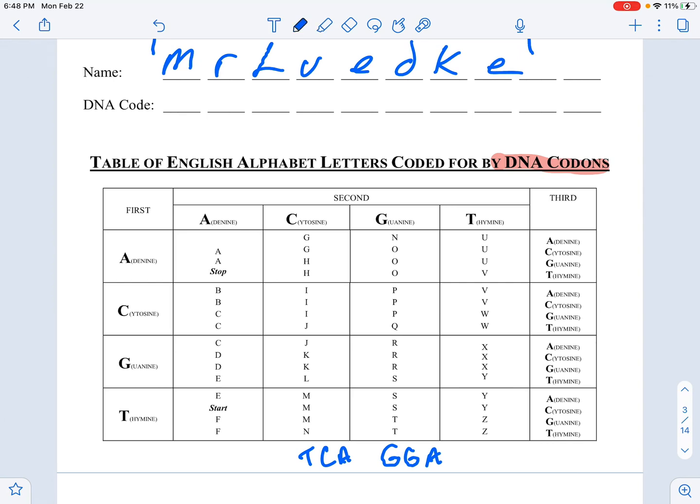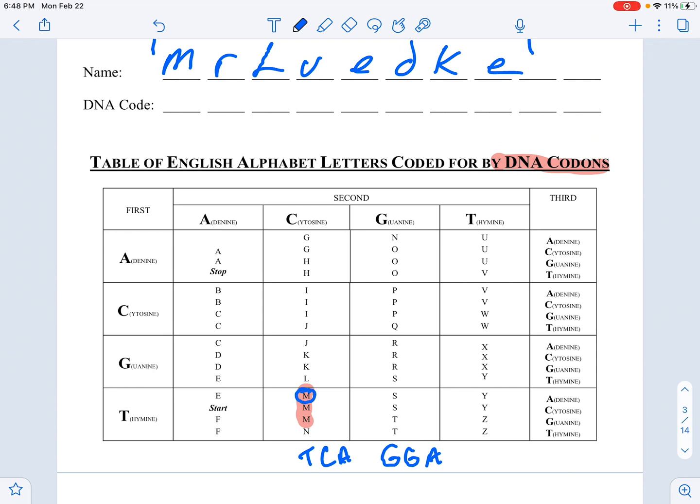So what I want is a code for an M. If we look in here, there are 3 possibilities for M. It doesn't matter which one I pick, I just need the code for an M. So let's just say I pick this one right here.